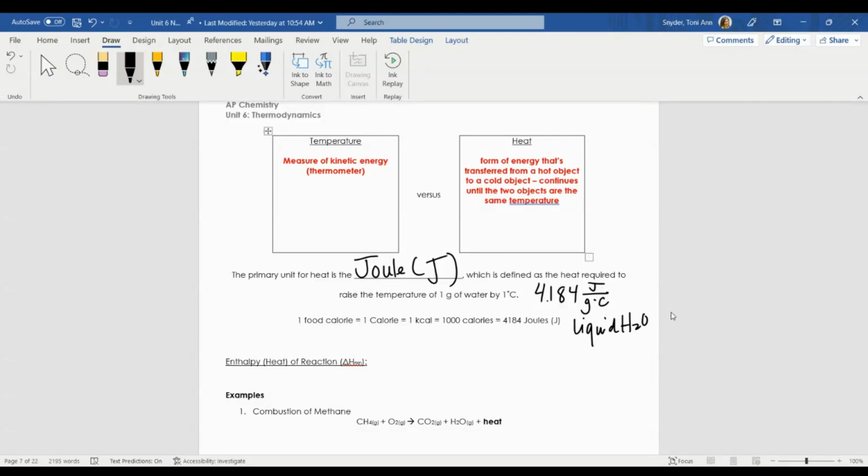So in order for us to raise 1 gram of water by 1 degree Celsius, we have to input 4.184 joules of energy. And we're going to talk more about what that particular value means in a little bit, but we can measure heat using the unit of the joule.